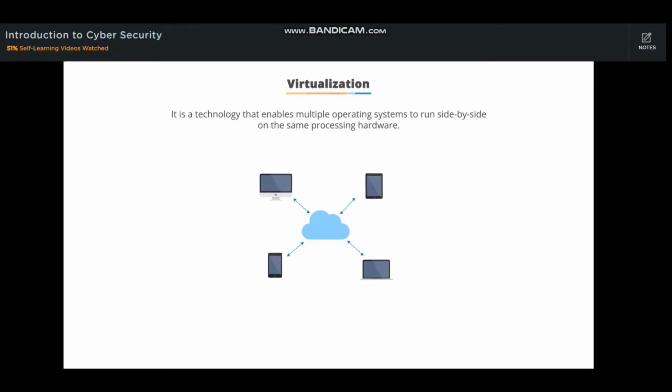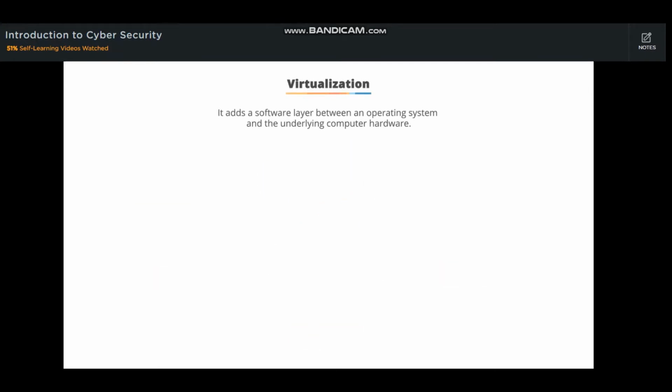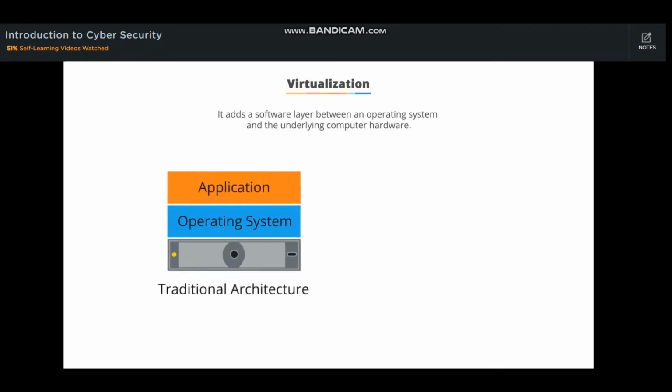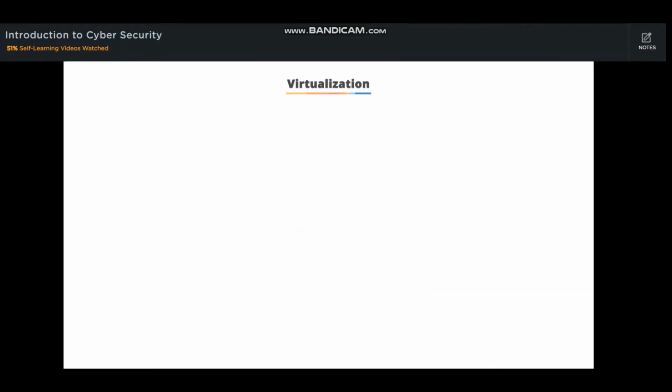In other words, we use an abstraction to make software look and behave like hardware with corresponding benefits in flexibility, cost, scalability, reliability, and often overall capability and performance, and in a broad range of applications. It adds a software layer between the operating system and the underlying computer hardware.